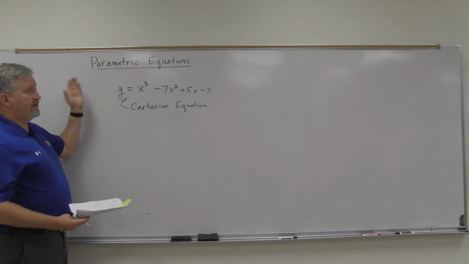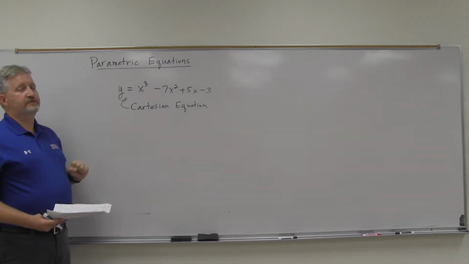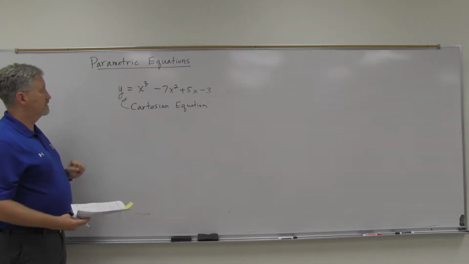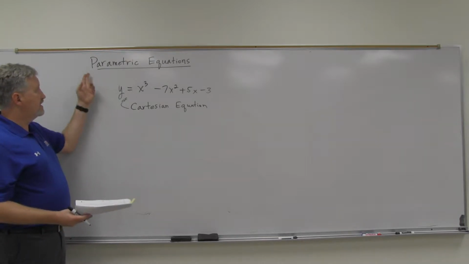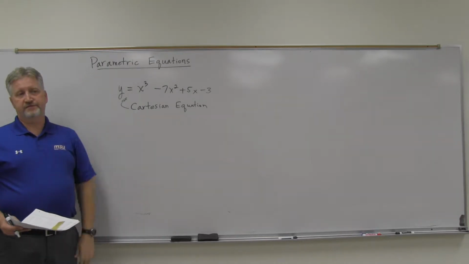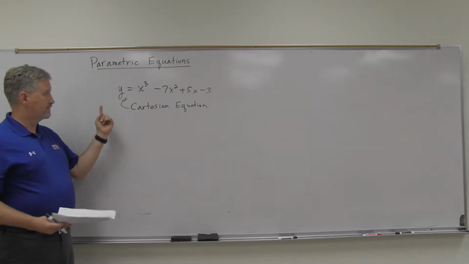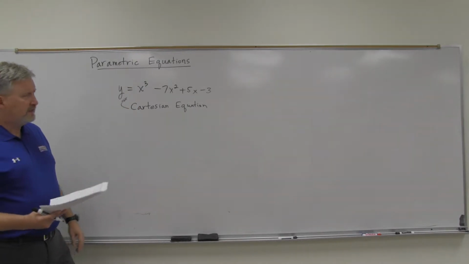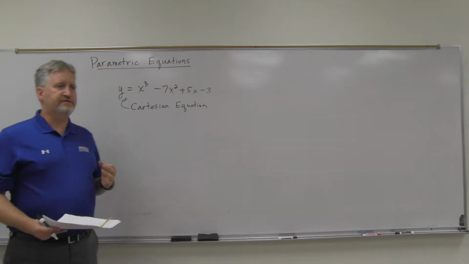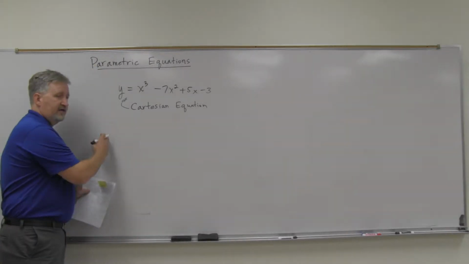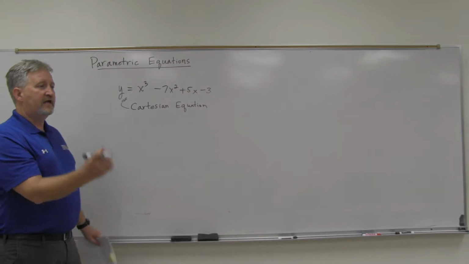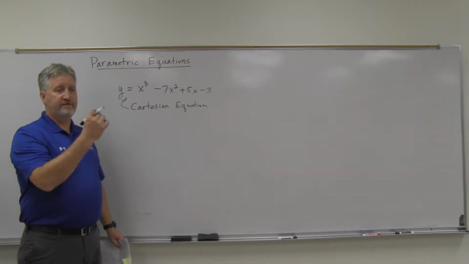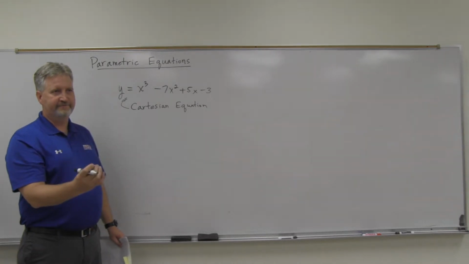In parametric equations, we use two equations instead of just one. The reason they're called parametric equations is because we're going to have an x equation and a y equation, and those equations are going to be in terms of another variable, and that's called the parameter.